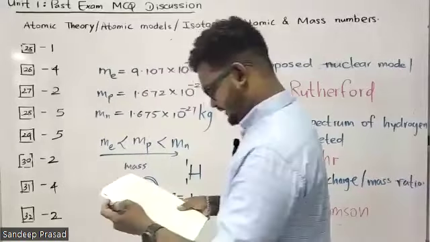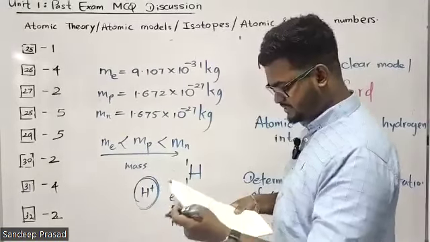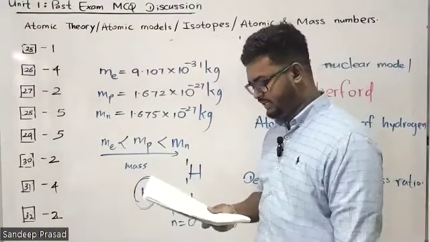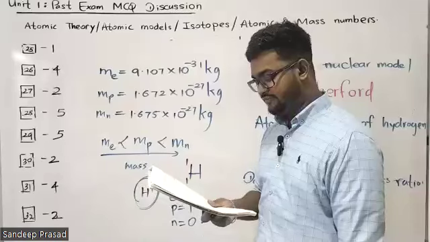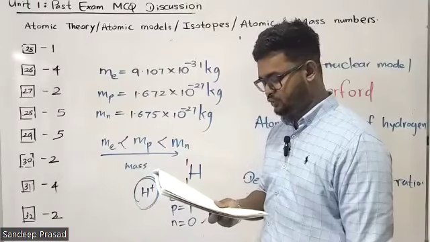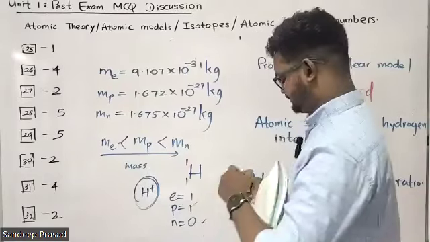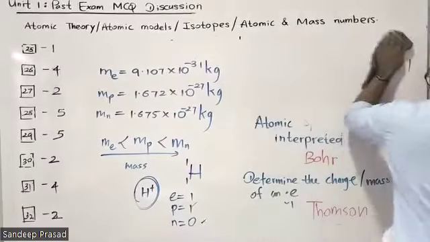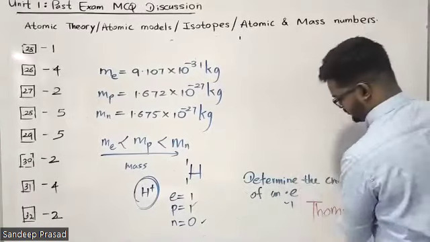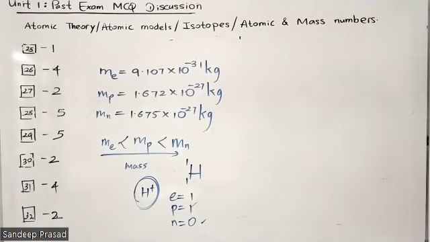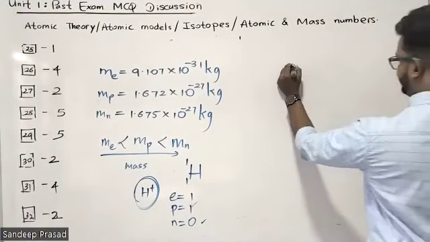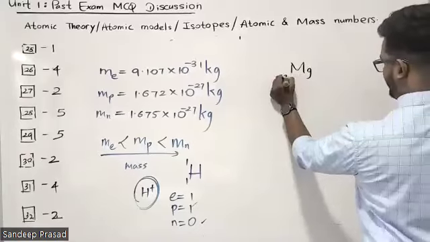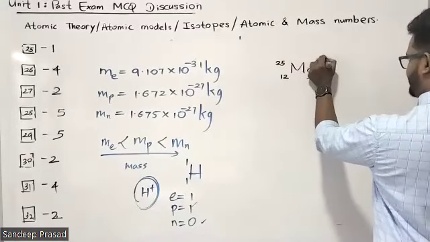Question number 33. The number of electrons and the number of neutrons present in the magnesium-25 isotope, which is forming a 2+ cation, respectively. Magnesium-25, 2+ cation.